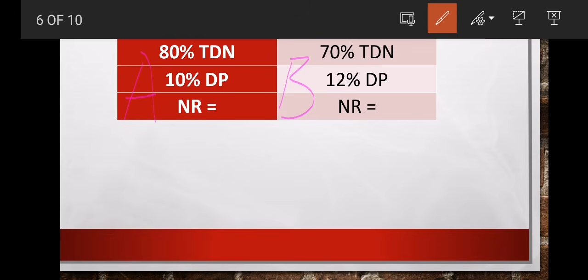When we look at this, you are given the TDN and the DP. So it means we are using which formula? The first formula, NR to TDN. What does the formula say?